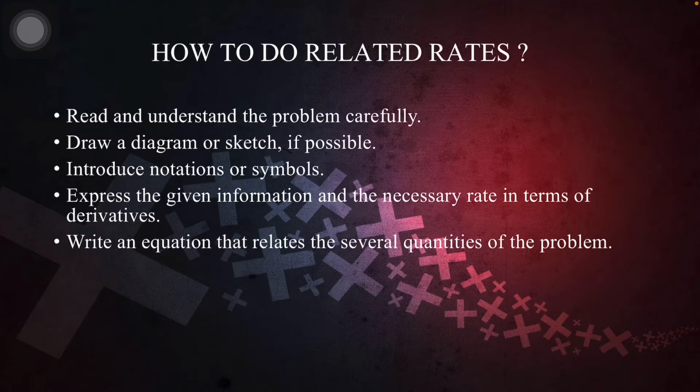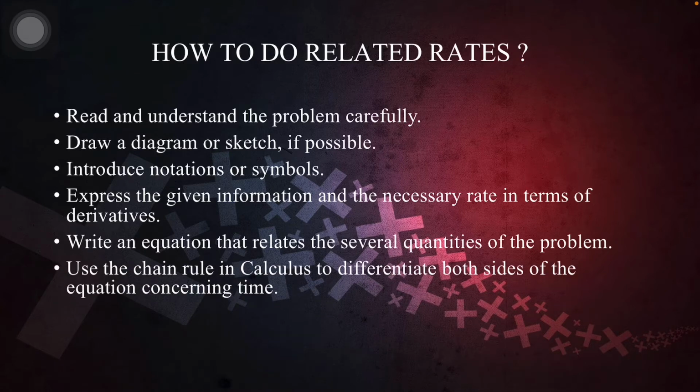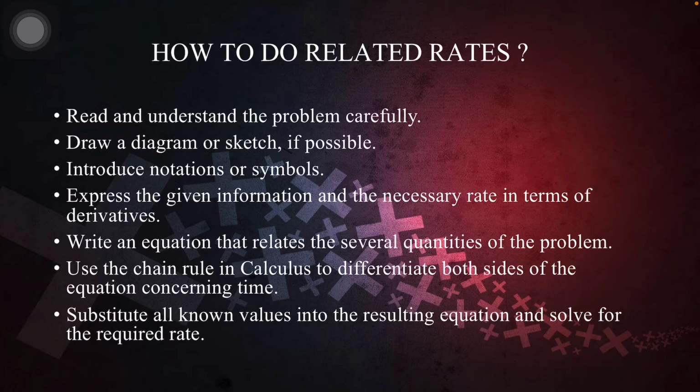Fifth, write an equation that relates the several quantities of the problem. Sixth, use the chain rule in calculus to differentiate both sides of the equation with respect to time. Last, substitute all known values into the resulting equation and solve for the required rate.